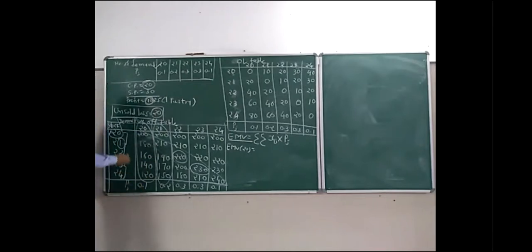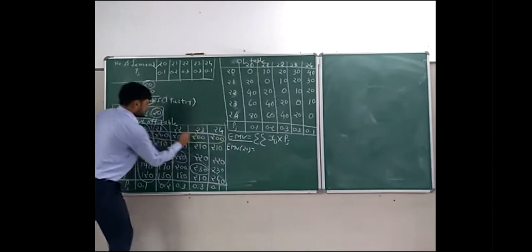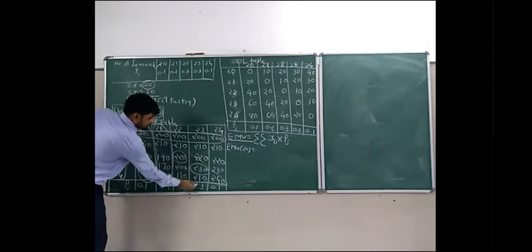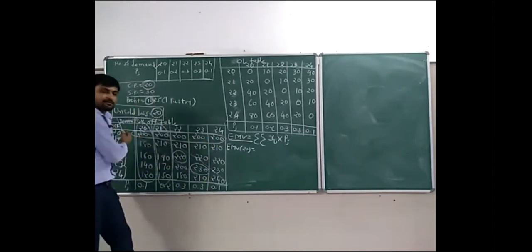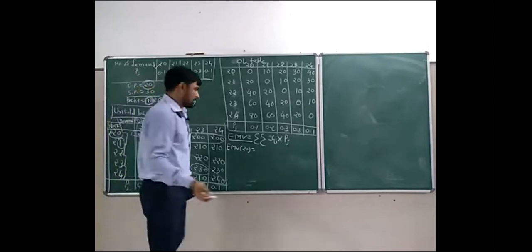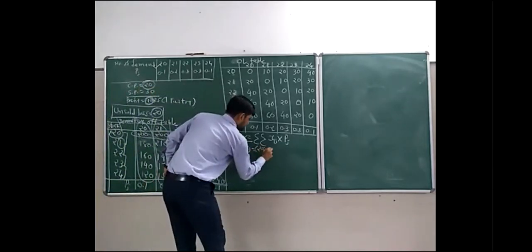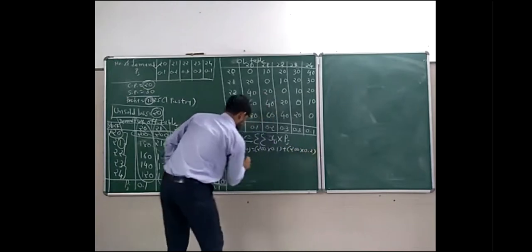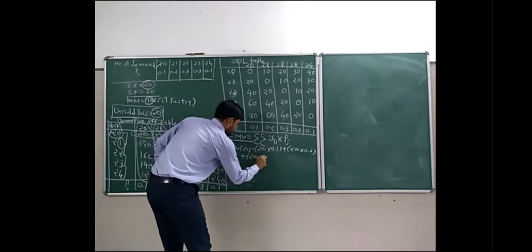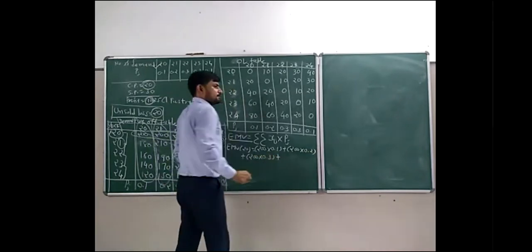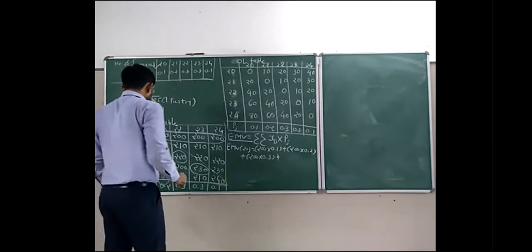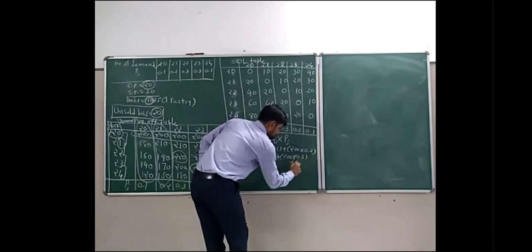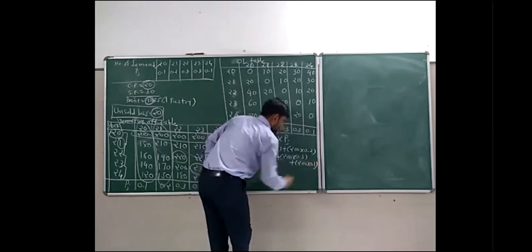Okay. So first we'll find it for the first row. So 200 into 0.1, 200 into 0.2, 200 into 0.3, 200 into 0.3, 200 into 0.1. Here the amount is the same, so we'll get 200 as the answer. So 200 into 0.1 plus 200 into 0.2 plus 200 into 0.3 plus 200 into 0.3 plus 200 into 0.1.